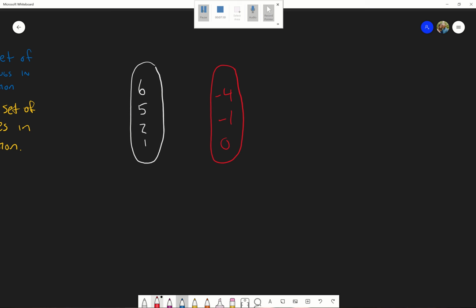And my relationships looked something like there to, here to, here to, here to here. And I said, what is the domain and what is the range?